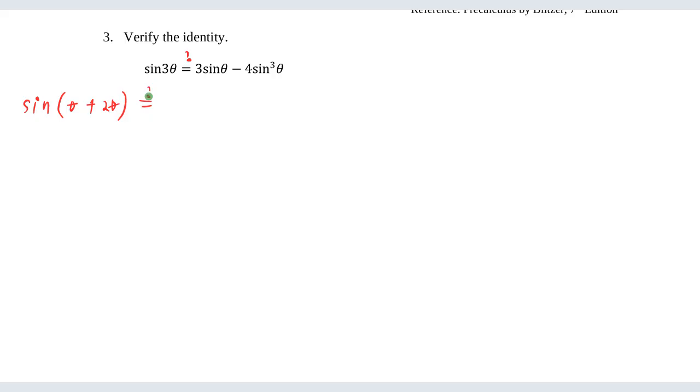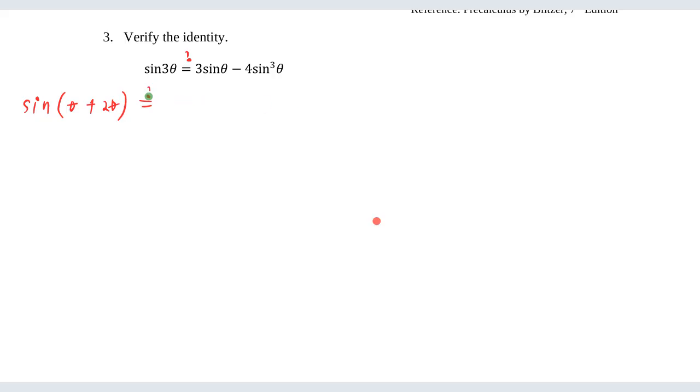Just pretend that I keep the 3 sine theta minus 4 sine cube theta there, to save time writing it over and over again. I'll just write the equal sign and then the question mark, and the other side is simply the right side of the original equation. Of course, in formal writing, you need to write that out in the statement.